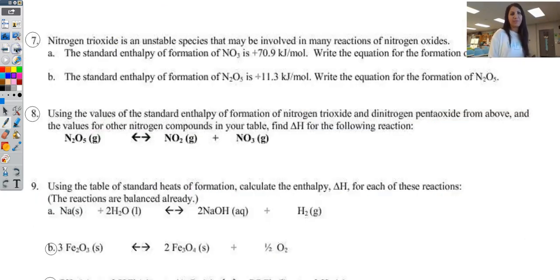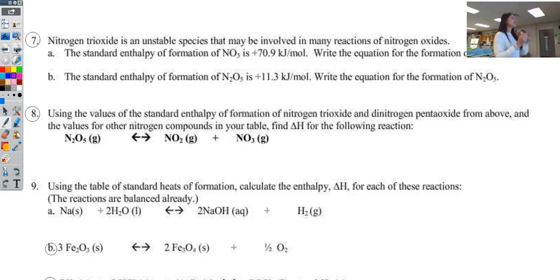Let's move on to the next question. They want us to write the equation for the formation of NO3, the delta HF. I need to make sure that you remember this. The definition of the heat of formation is the amount of energy absorbed or released for the formation of 1 mole of a substance from its elements in their standard states.